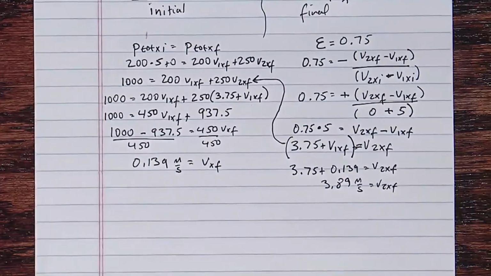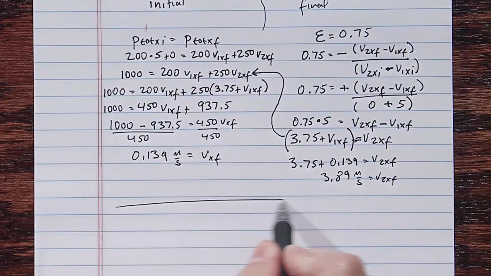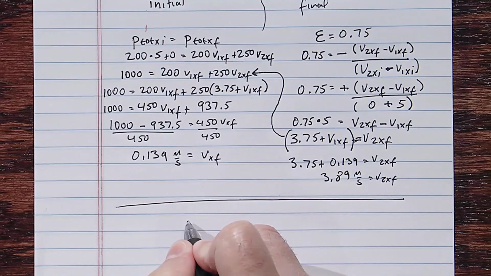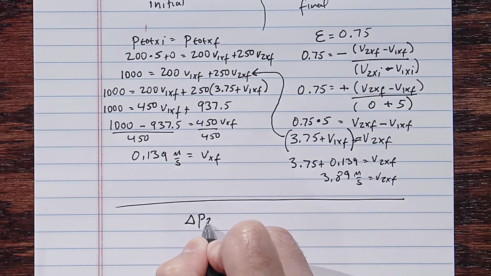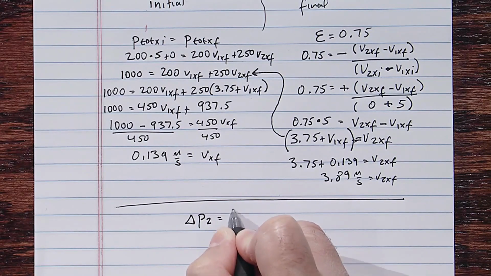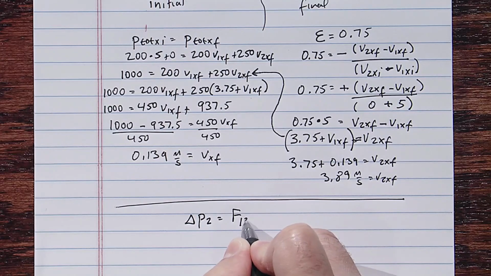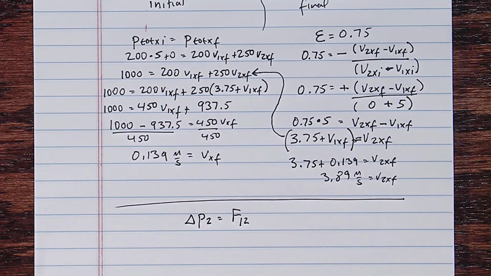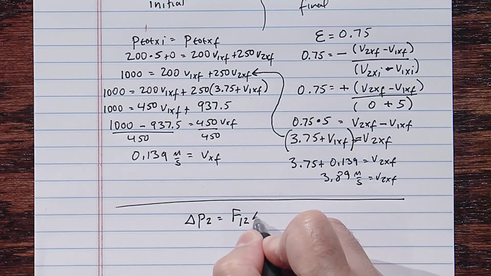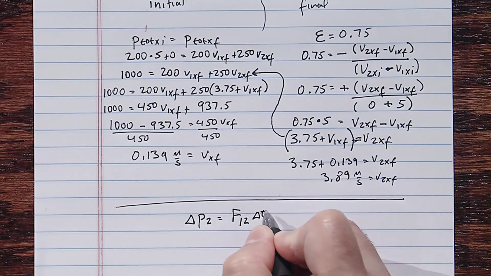So we can write that the change in momentum of object 2 is equal to the force that object 1 exerted on object 2, or car 1 exerted on car 2, times the change in time.